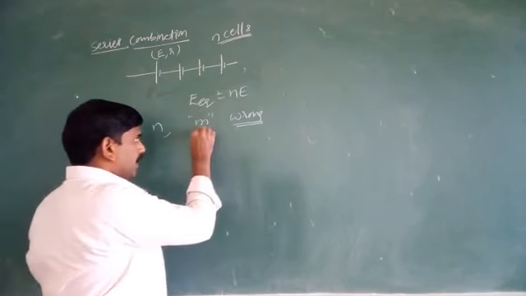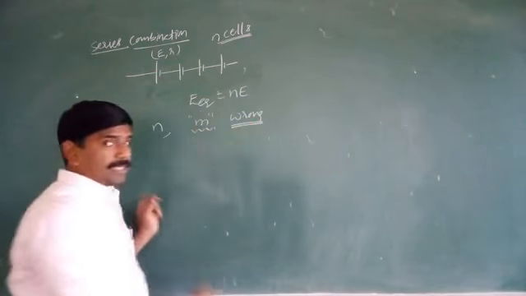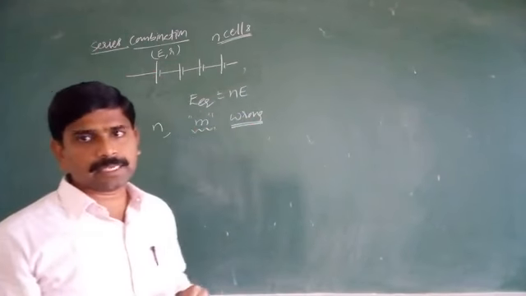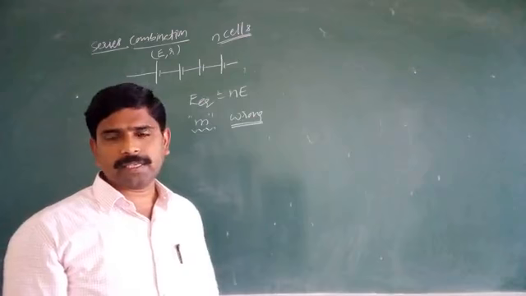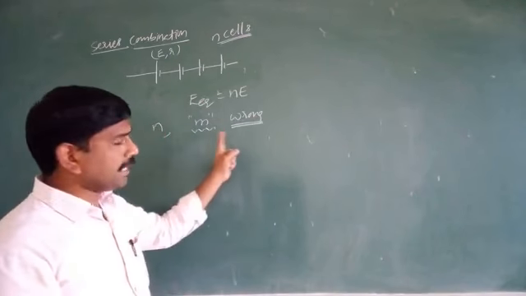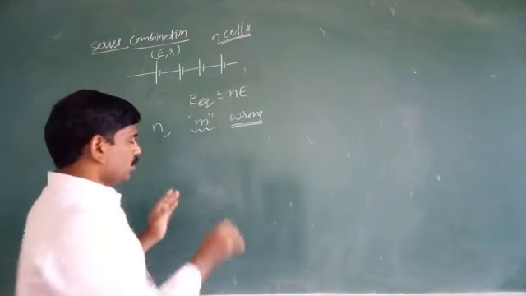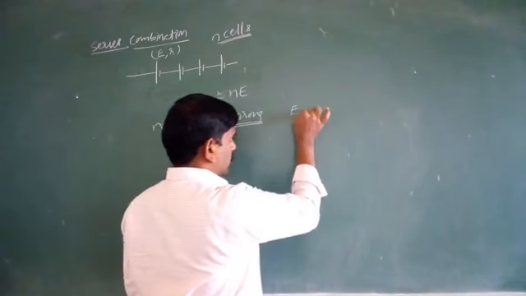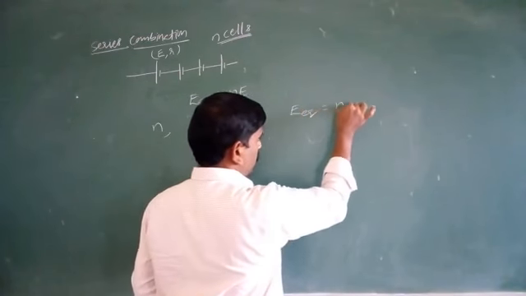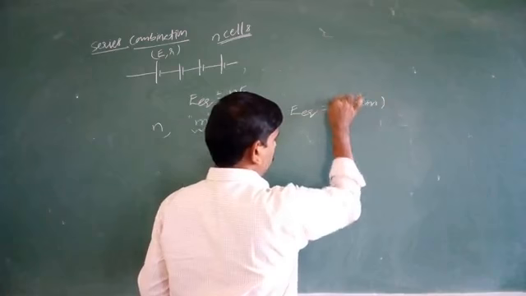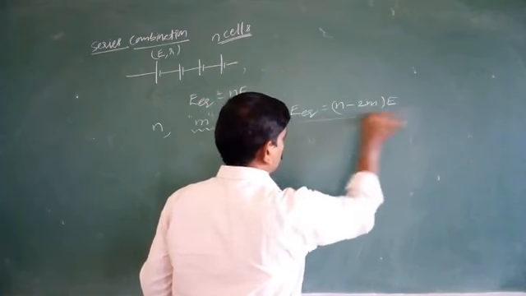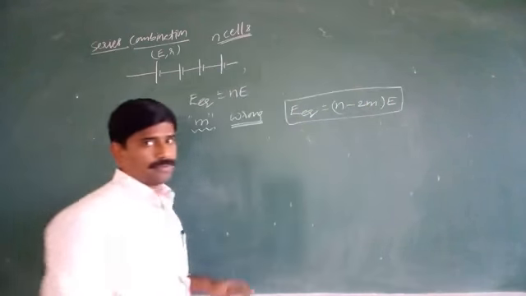In that, M cells are connected wrongly. Then what is the equivalent EMF? Here the equivalent EMF in this situation is E equivalent equal to (N minus 2M) into E. This is the equivalent EMF.